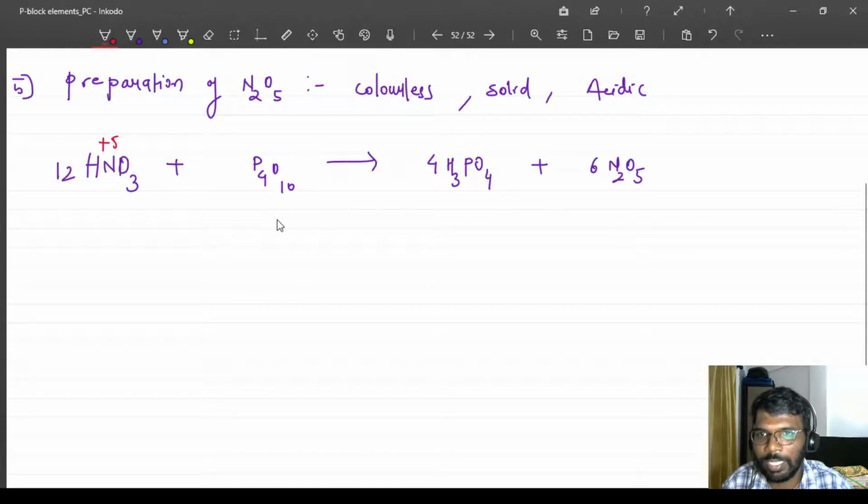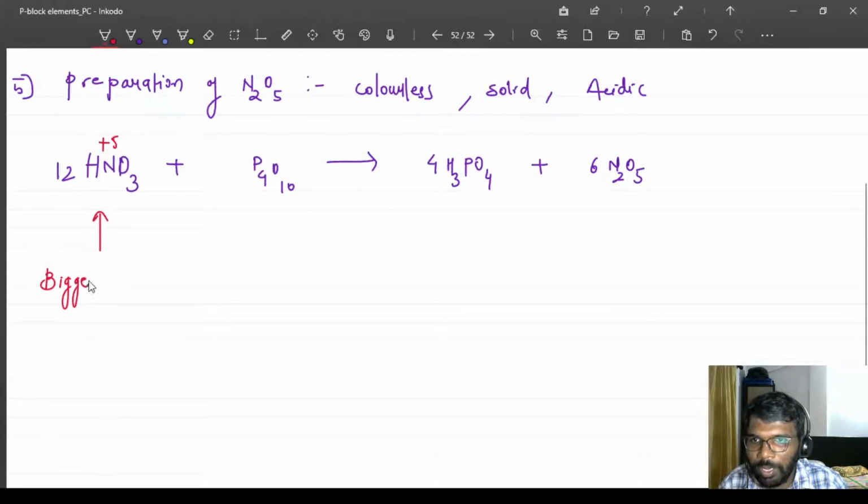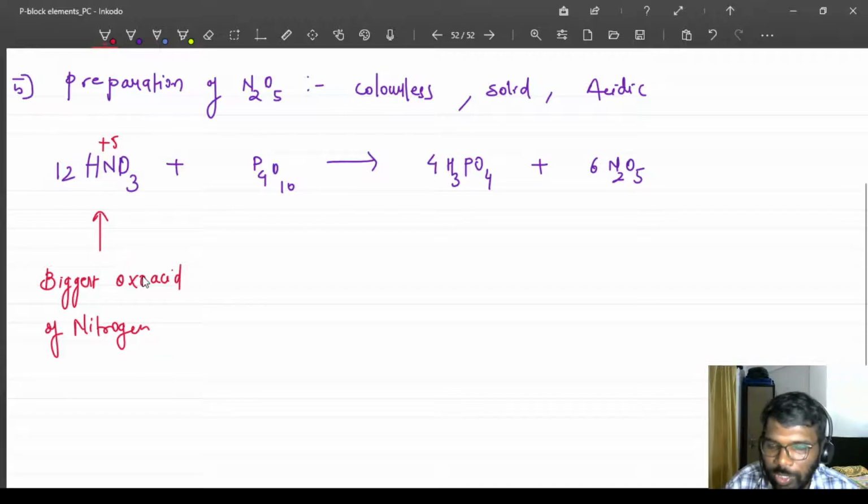Here the oxidation state of phosphorus is plus 5. The main characteristic I can say is that it is the biggest oxo acid of nitrogen. One double bond should be there. And this is the biggest oxide.